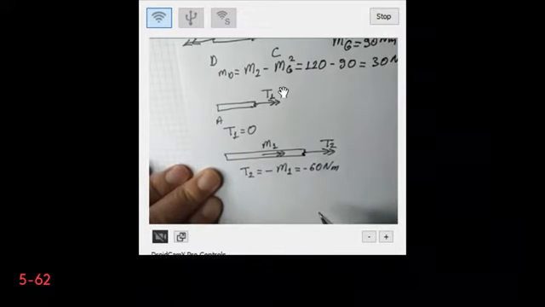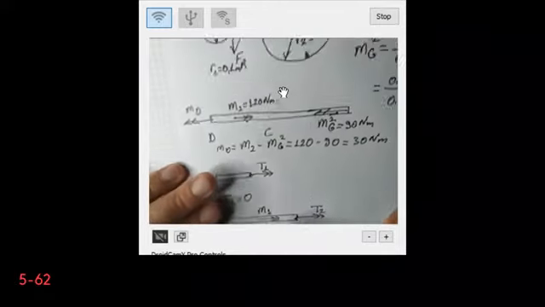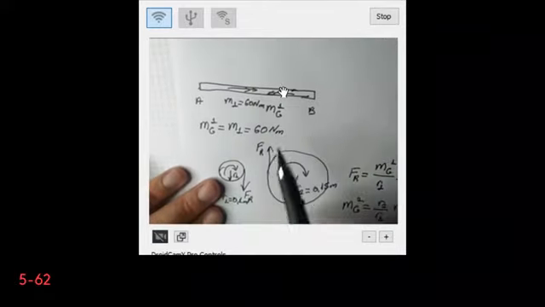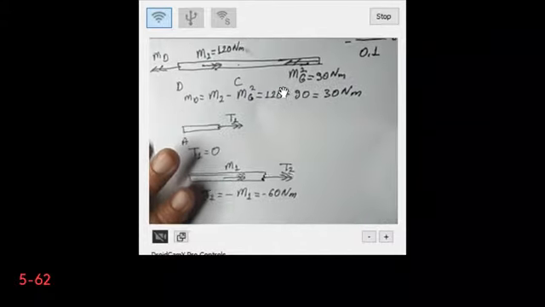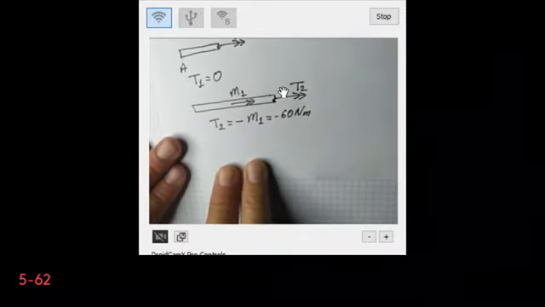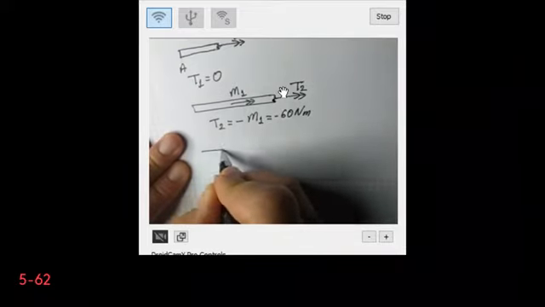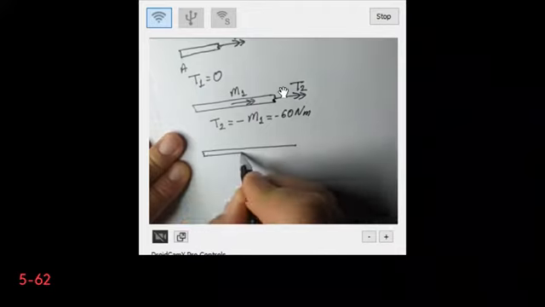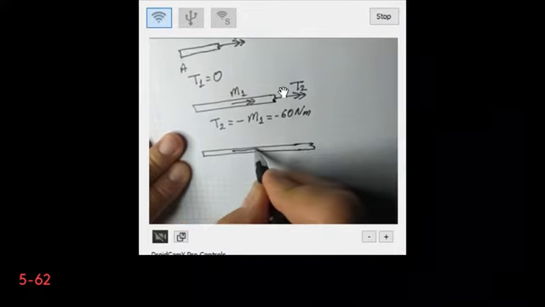Then I will make the third cut between the gear 1 and point B, which results in this.